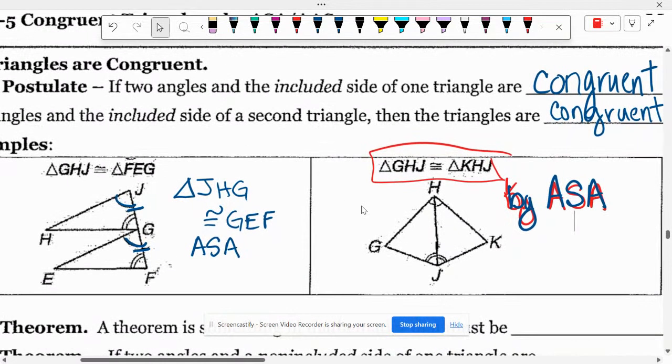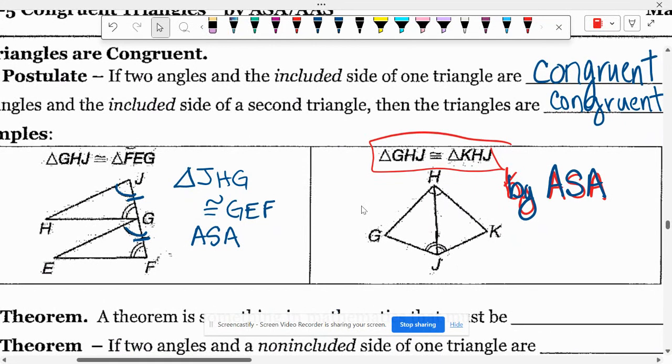Yeah, HJ, right? Do you guys see that this side right here is not marked as congruent? Why isn't it marked as congruent? Isn't it congruent to itself by the reflexive property? Yeah. HJ is congruent to HJ.